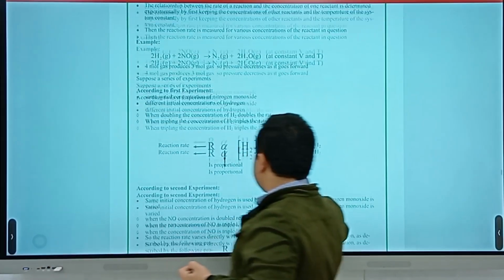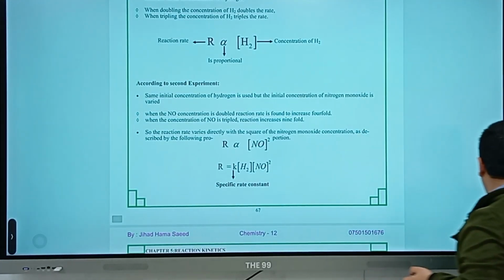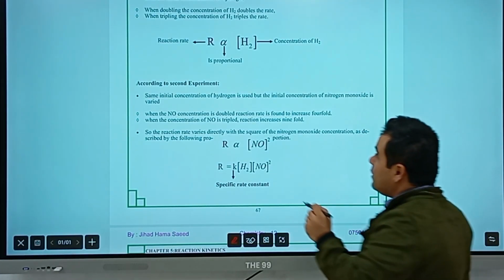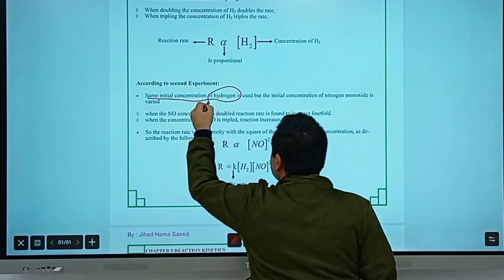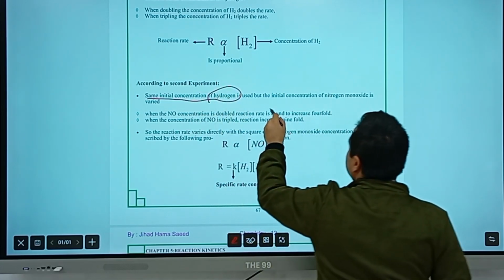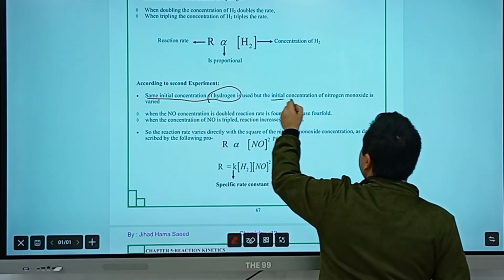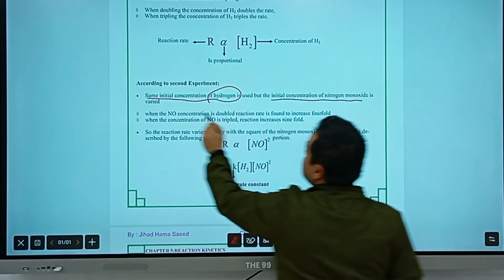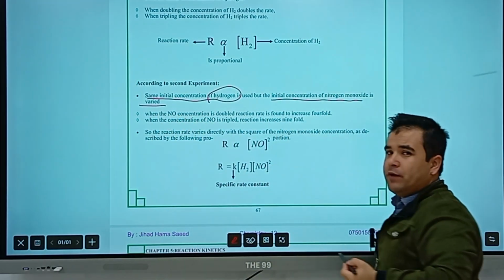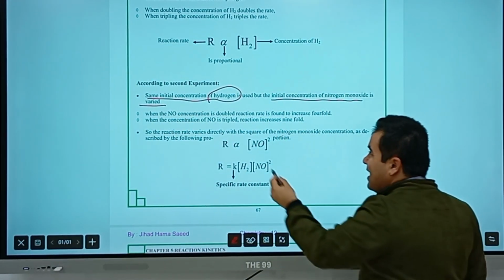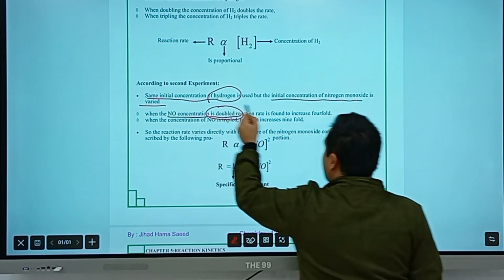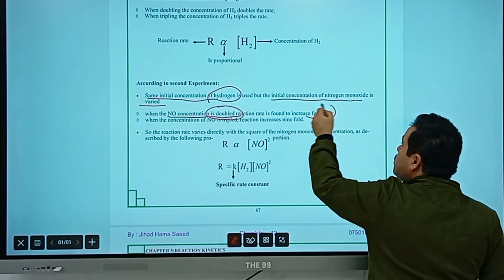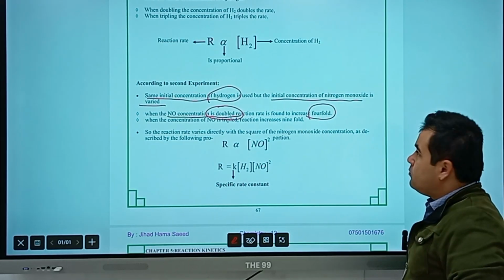Let us discuss the effect of the NO. By having the same initial concentration of H2, the concentration of nitrogen monoxide is varied. We change the concentration of nitrogen monoxide. When NO is doubled, the rate changes by fourfold.